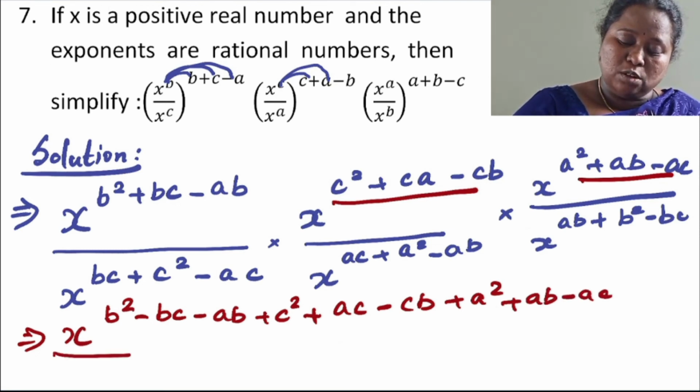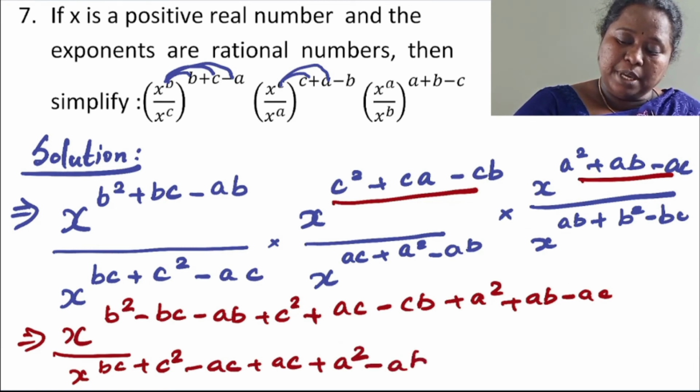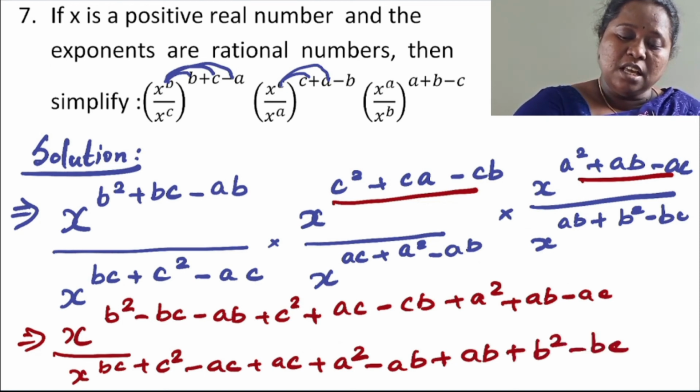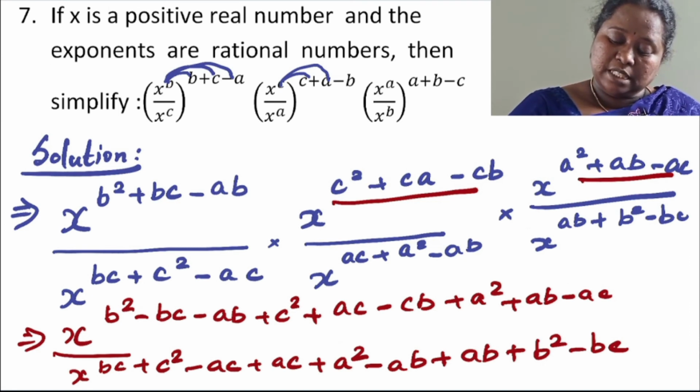Similarly, in the denominator also, x power, what we have? bc plus c squared minus ac plus ac plus a squared minus ab plus ab plus b squared minus bc. See, we can cancel the common plus and minus.